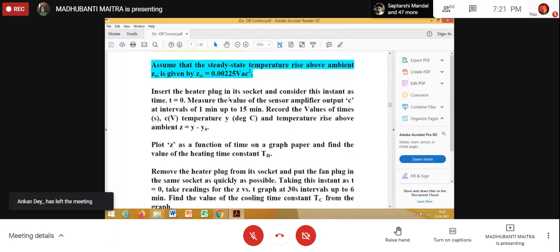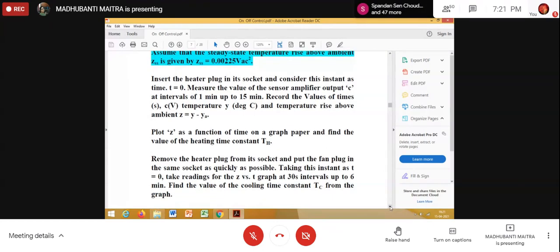Now we'll measure the sensor amplifier output C with a multimeter at intervals of 1 minute up to 15 minutes, because we have seen that within 15 minutes the temperature reaches its steady state value.